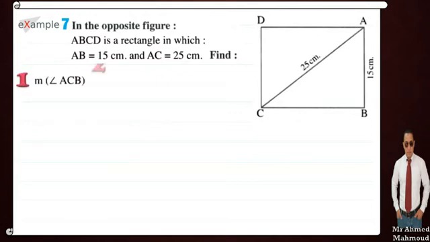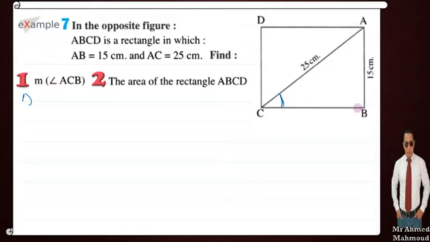In this example, ABCD is a rectangle in which AB equals 15 and AC equals 25. Find the measure of angle ACB. Number 1, the measure of angle ACB.